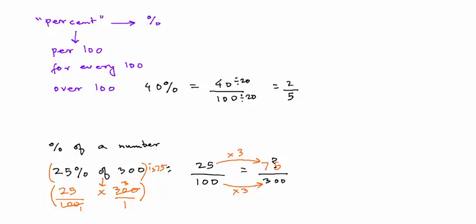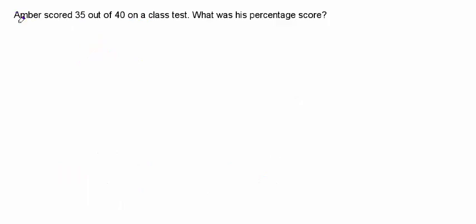Let's try and solve a couple of problems. Amber scored 35 out of 40 on a class test. What was his percentage score? So a score of 35 out of 40, meaning over 40, is equivalent to what percent, or what over 100.